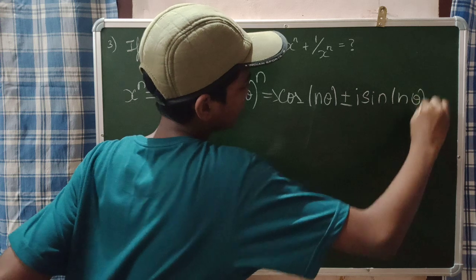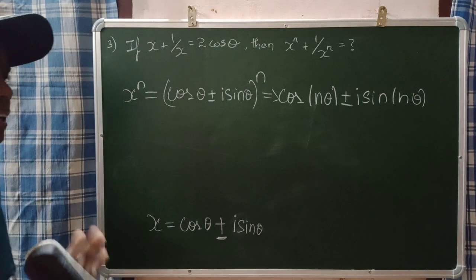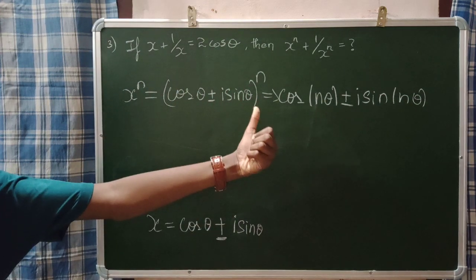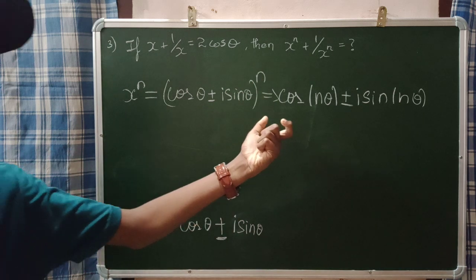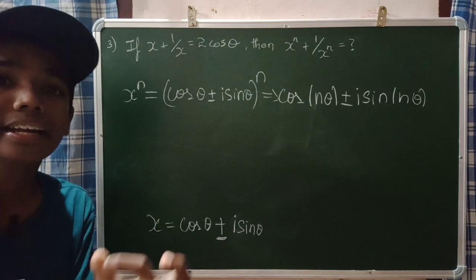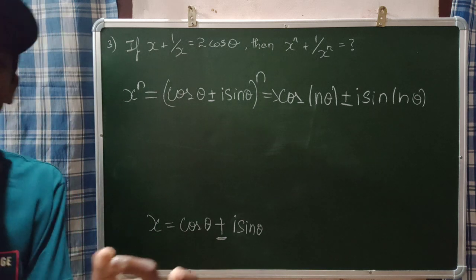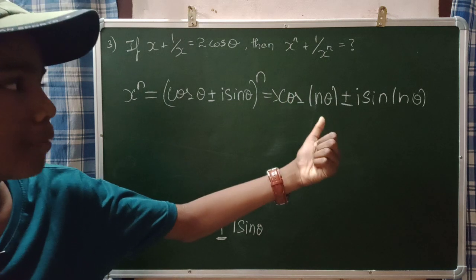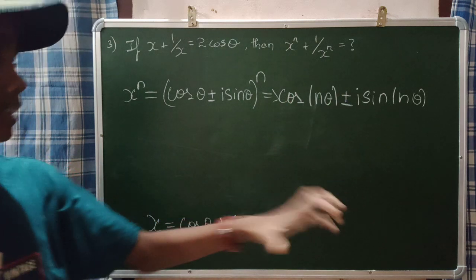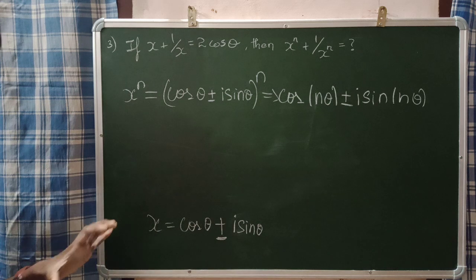This is what De Moivre's theorem says, right? When you need to raise to the power of n, you just multiply n with theta's value. That's all you need to do. So cos of n theta plus or minus iota sine of n theta. That's all you need to know.